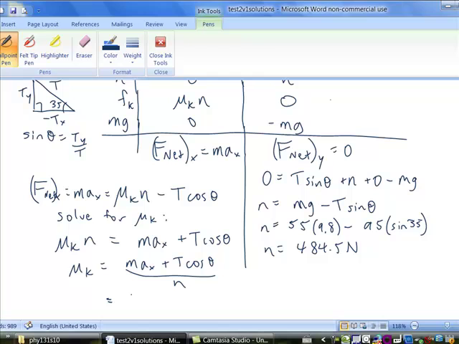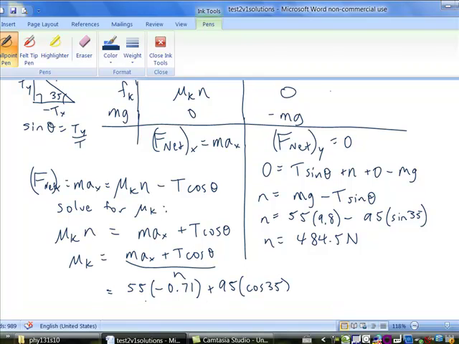So that is equal to 55 kilograms times negative 0.71 plus 95 newtons times cosine of 35, all divided by the normal force, 484.5.